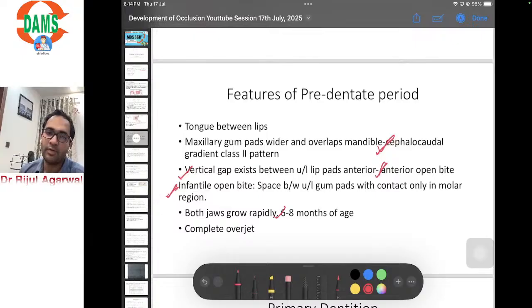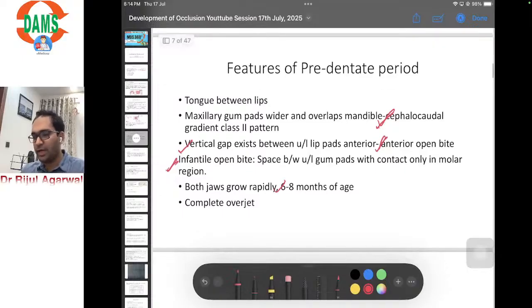What kind of advice will you give to such a patient? Option A, start orthodontic treatment. Option B, surgery. Option C, wait and watch. And lastly, assure the patient that it is a normal feature at this stage and it will close up with time. That is the correct answer. It's not a theoretical paper, it's an MCQ paper where you get application based questions nowadays.